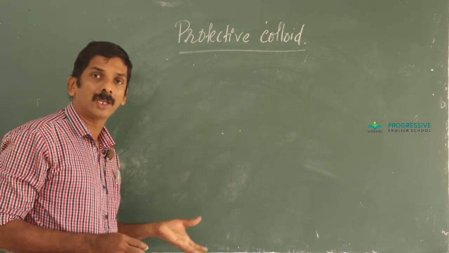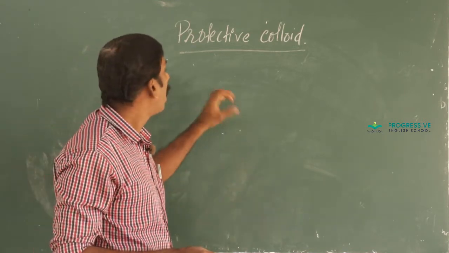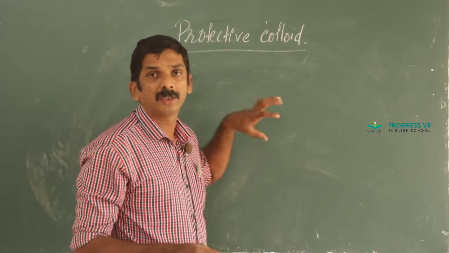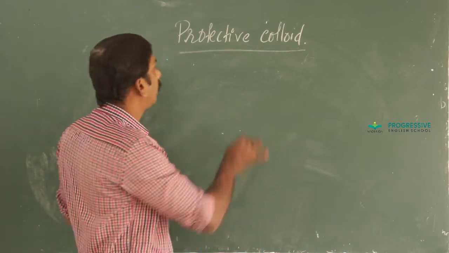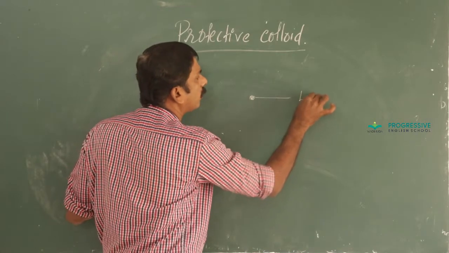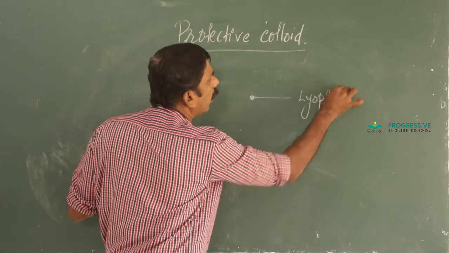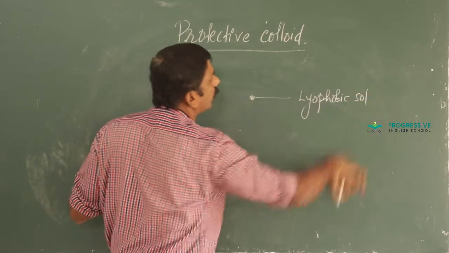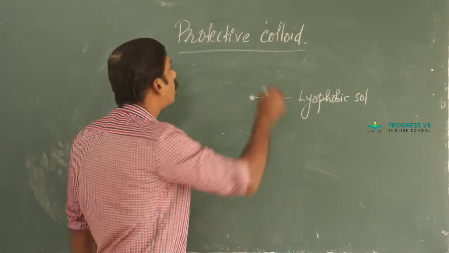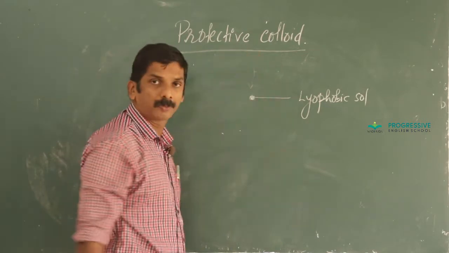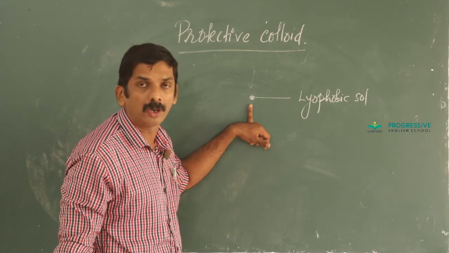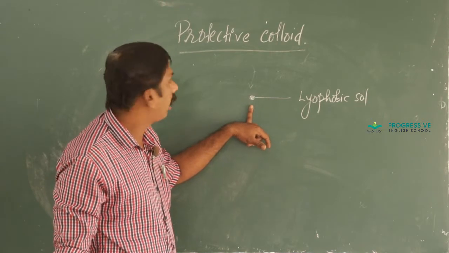In order to understand this concept clearly, I just give a schematic representation here. Don't think that colloids are of big size. Suppose this is the representation of a lyophobic sol. When a small amount of electrolyte is added to this lyophobic sol, what happens?